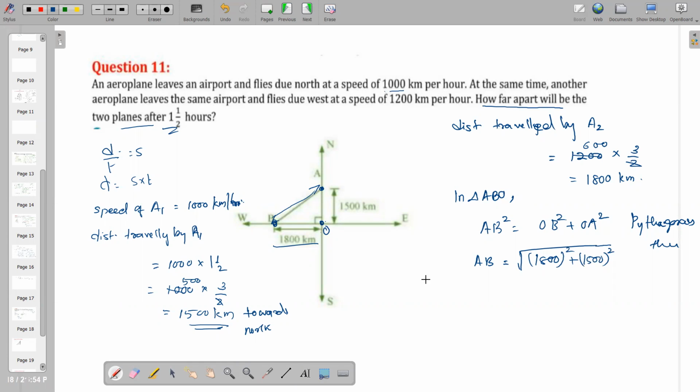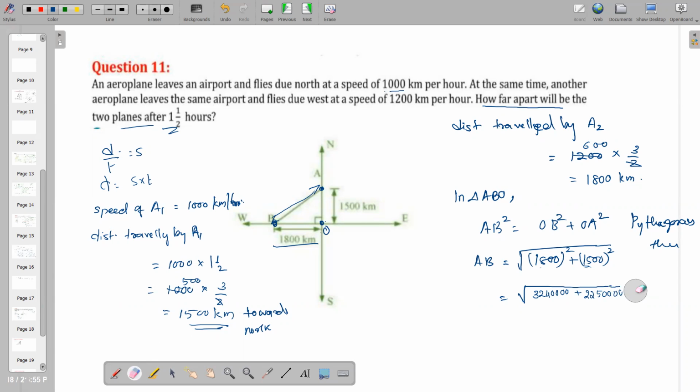Let's calculate. 18 square is 324, and 15 square is 225, with 100 square being 10,000.